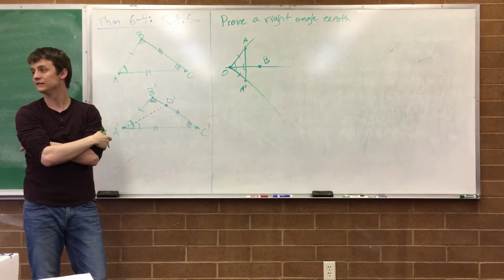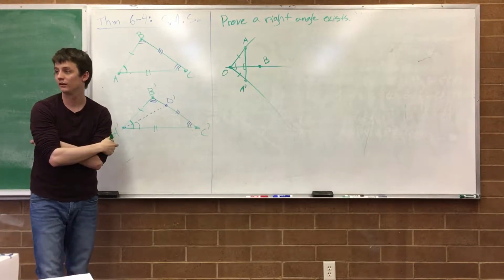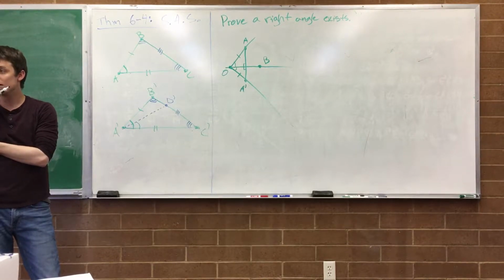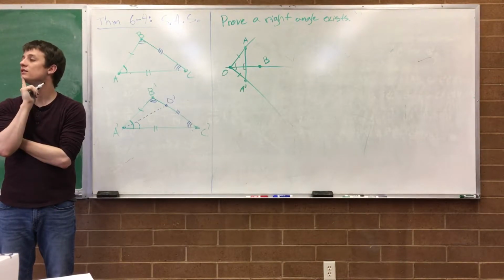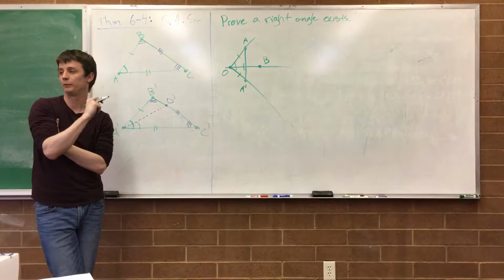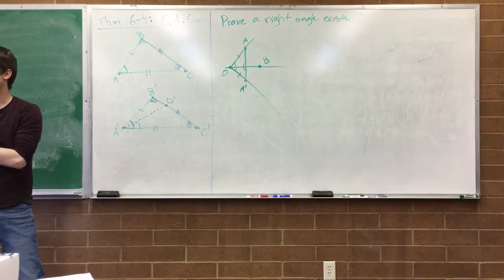Because if they add up to a straight angle, then they're right. What's the definition of a right angle? If the supplement of the angle is congruent to the angle. If an angle is congruent to its adjacent supplement, then the angle is a right angle.